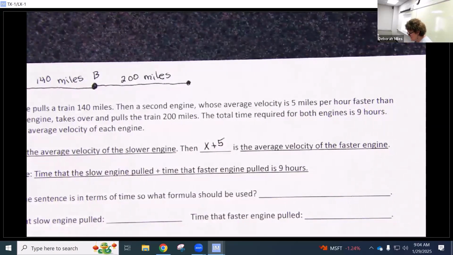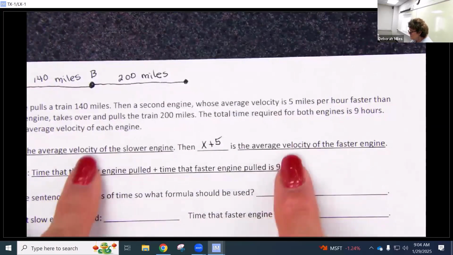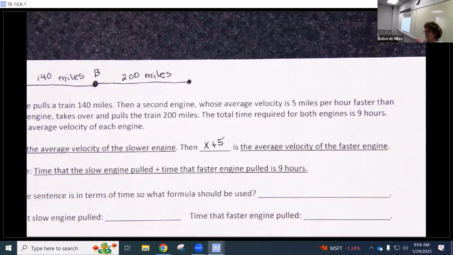And then I'm trying to make a sentence. Does it make sense to say the velocity of one car plus the velocity of another car equals total velocity? That doesn't make any sense. It makes sense to say the distance gone by one plus the distance gone by the other is the total distance.